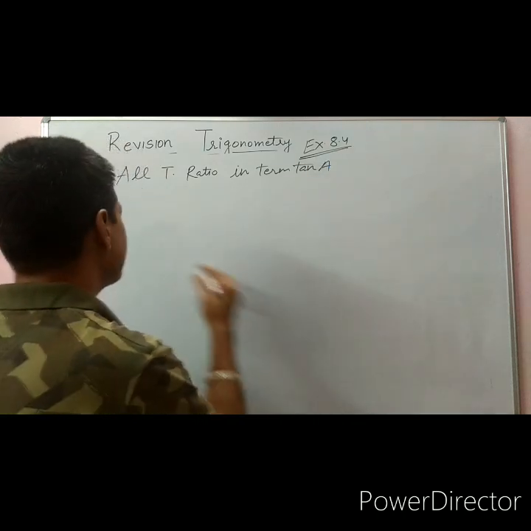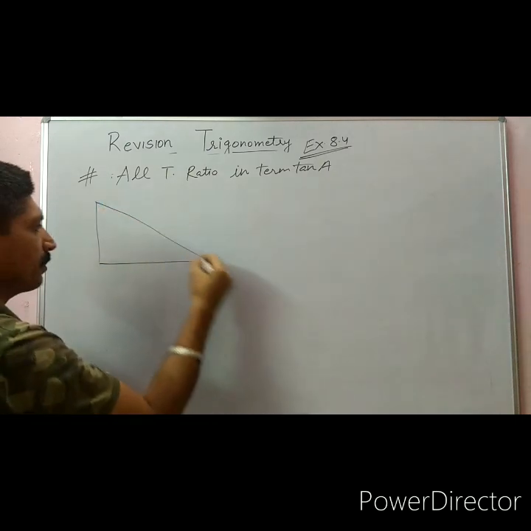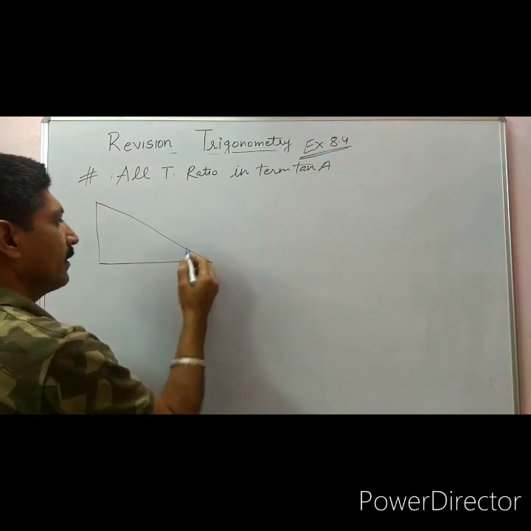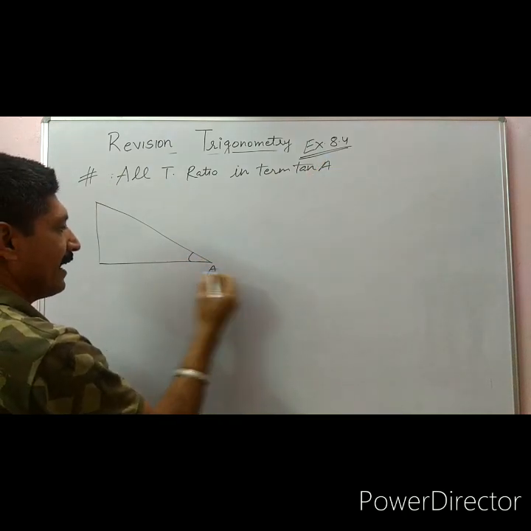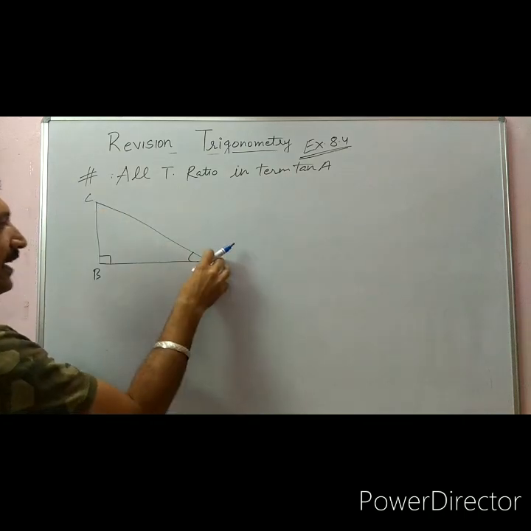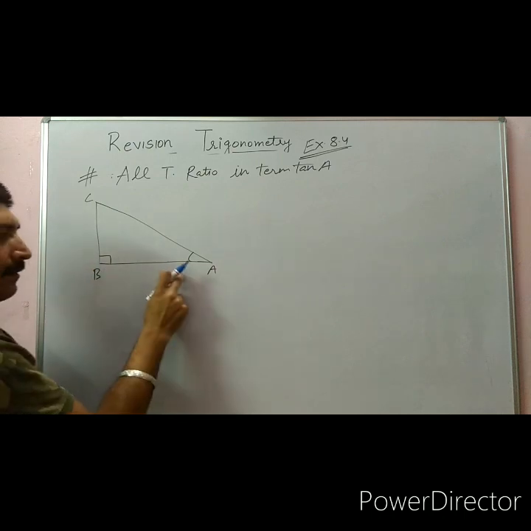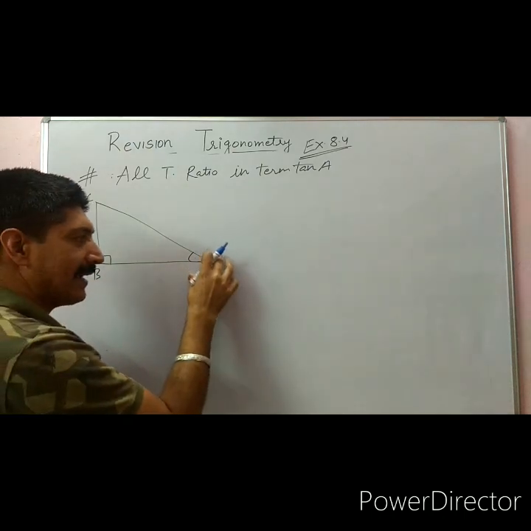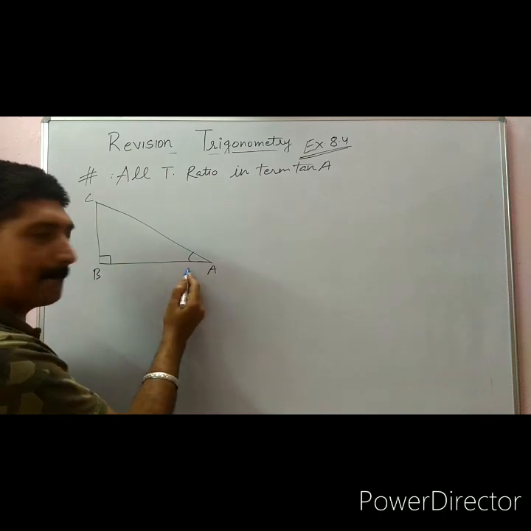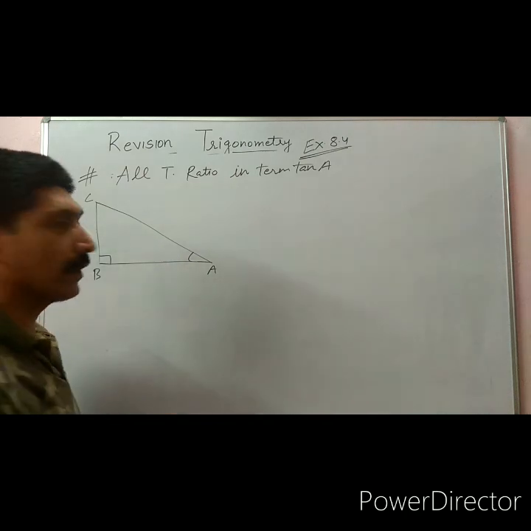So if we have a triangle, like triangle ABC or PQR. Now here is A, so we can take A, B, C. If I am taking this angle A here, then the adjacent side, that is AB, is the base, and the opposite side is the perpendicular.